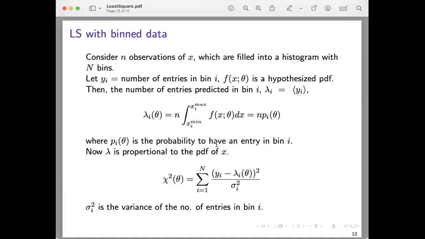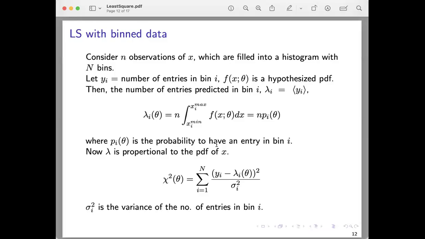Now, what we discussed so far is the least squares fit to individual points, right? Now we can discuss performing this least squares fit to binned data, like we did for the maximum likelihood.